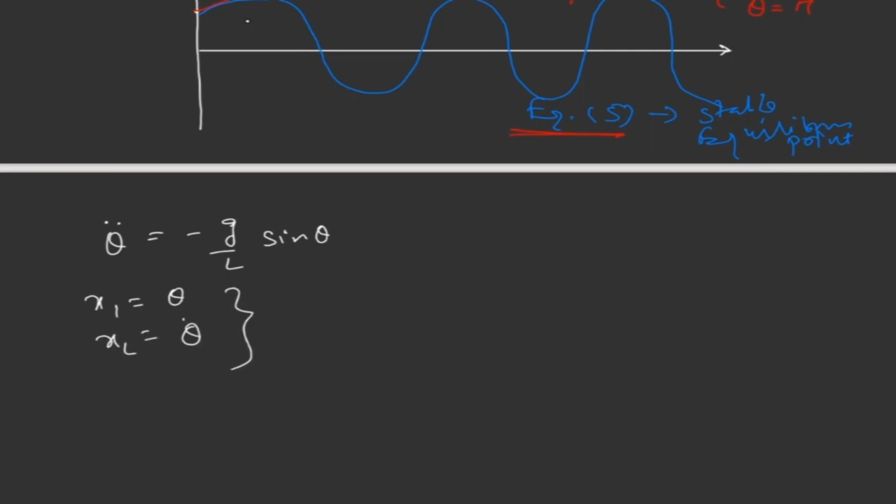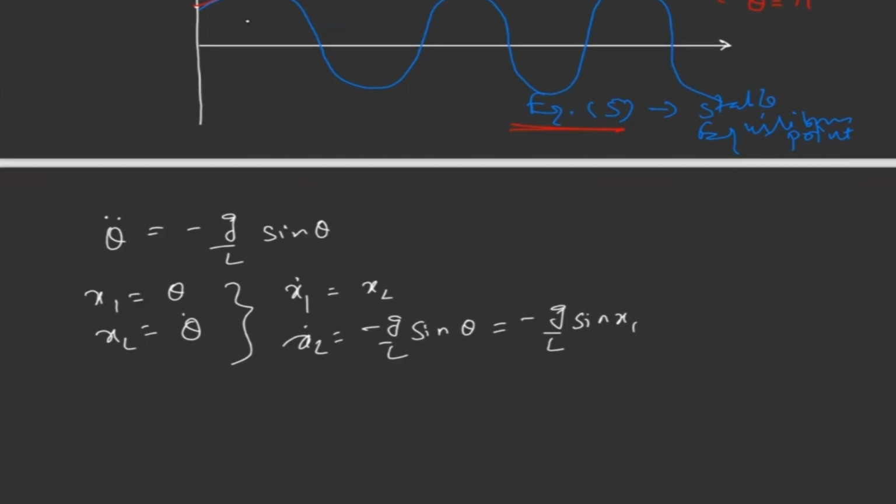And from these states, we have the first order system, x1 dot equal to x2 and x2 dot equal to minus g by L sine x1.